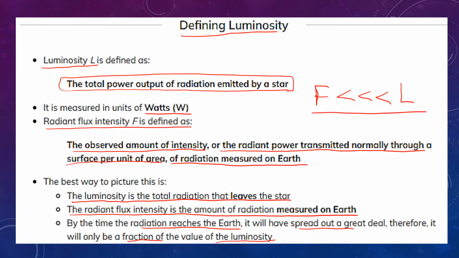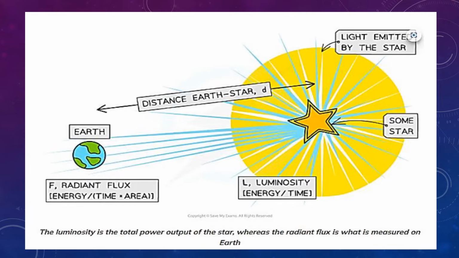But it also depends upon the distance. If the distance of the Earth from the star is very small, then there will be less difference between F and L. But if Earth is too far away from a star, then there will be a bigger difference between F and L.